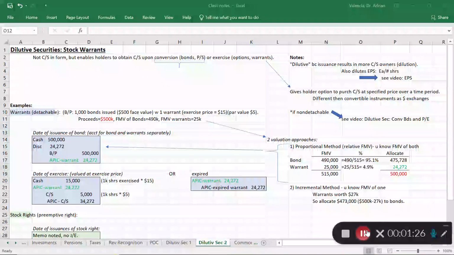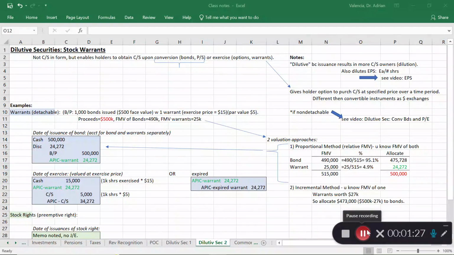All of these are just an option that you have to be able to acquire common stock, right? So whether we call it a convertible bond or a convertible preferred stock, it's an option that you have later on to convert those bonds to stock. Or in the case of warrants or options, you have that option to exercise and purchase.